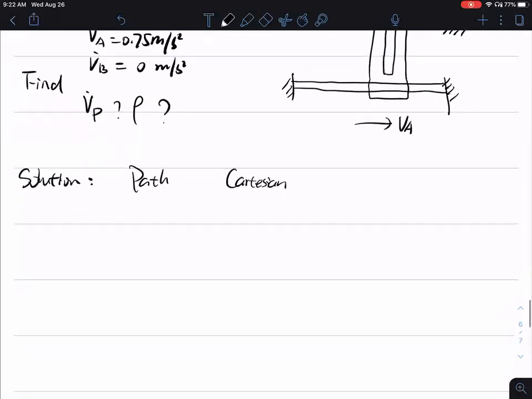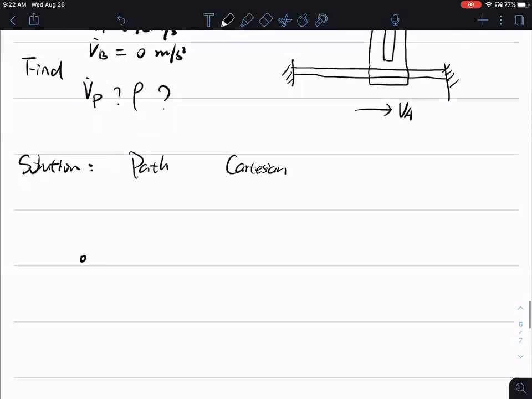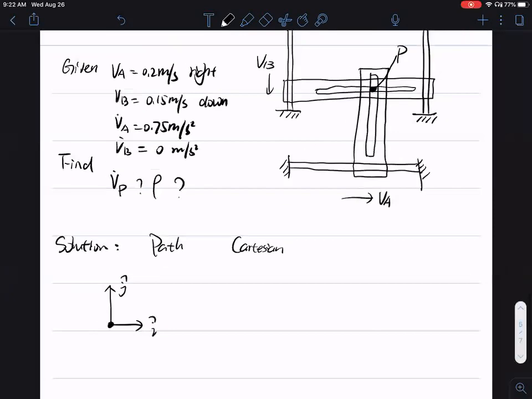And if we look at the particle P, our Cartesian will be J and I. Our path coordinate system, how would you set up the path coordinate system? Can you imagine that particle P can only move along this slot and that slot?